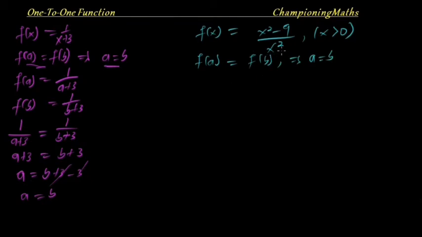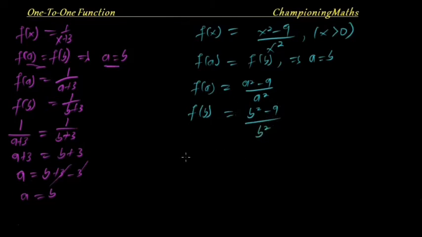Now, our f of a of the function will be a squared minus 9 all on a squared, and then our f of b of the function will be b squared minus 9 all on b squared.